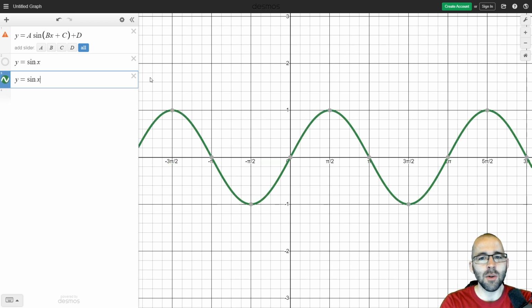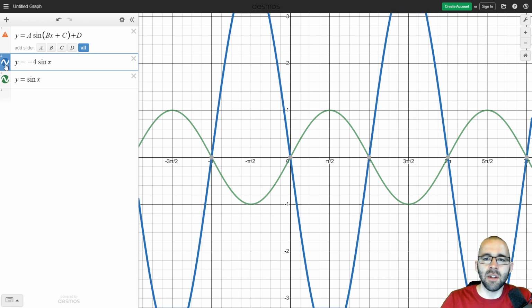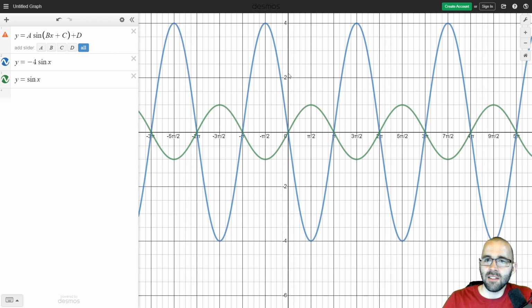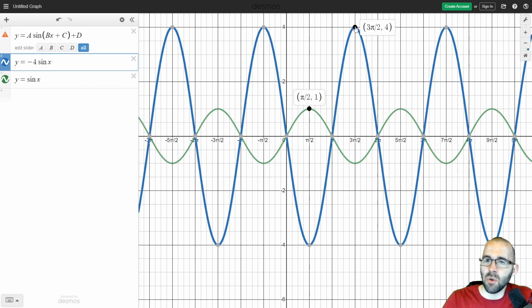But if we look at the normal graph of sine, the question is, if I have -4 sine x, does it get bigger or smaller? Oh, definitely getting taller, right? So you can see definite stretching going on with this blue graph. Instead of peaking at 1, it now peaks at 4. The valley is now at -4.